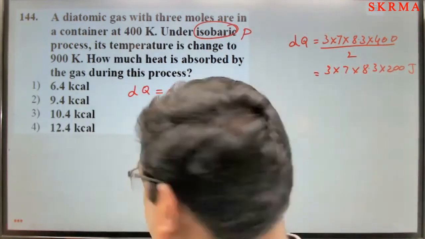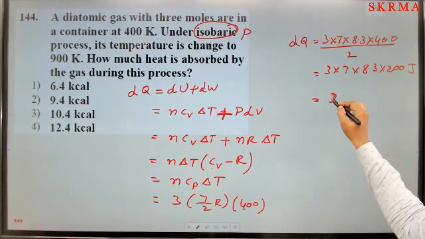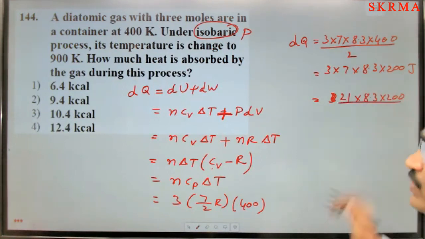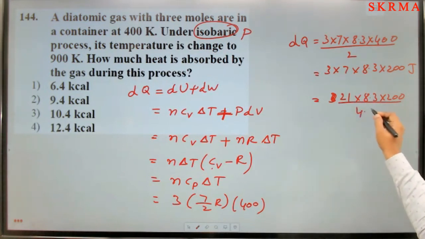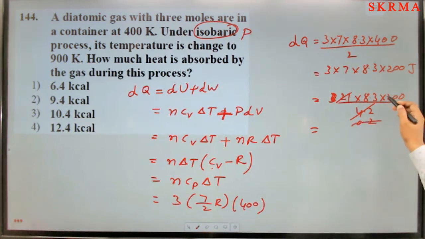This is in joules, but we need to calculate this in terms of calories. So 3 into 7, that is 21, into 8.3 into 200. If you want to convert this into calories, you have to divide by 4.2. Now cancel similar terms: 4.2, 21, 2 times 0.2 times, so 1000 times.